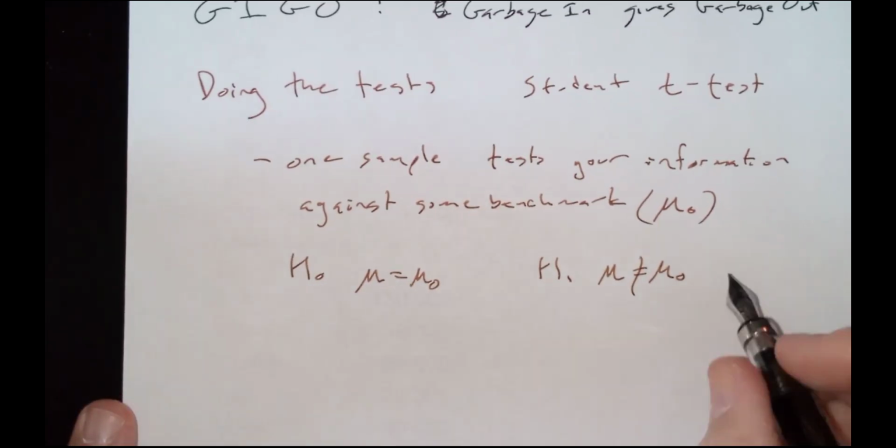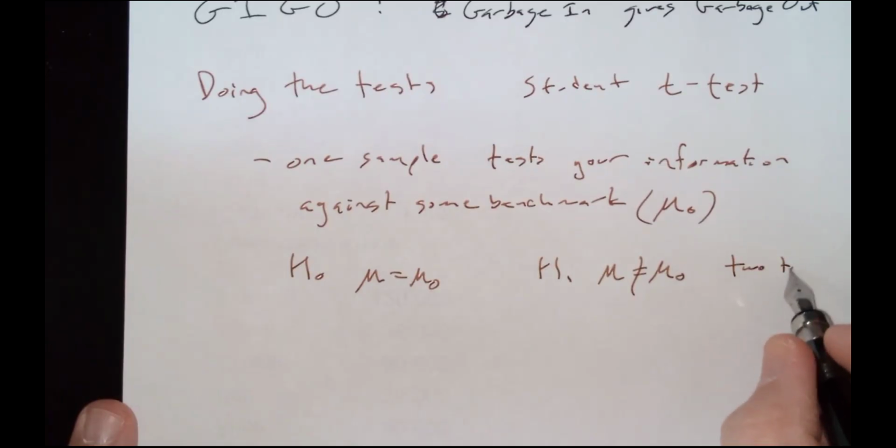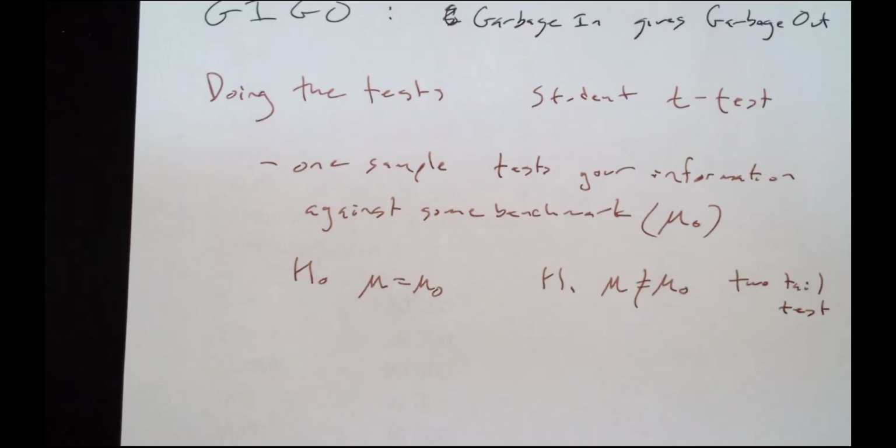I could say this, by the way, is a 2-tail test. Because if it's not equal, it could be high, it could be low, I don't know. Could be in either direction.